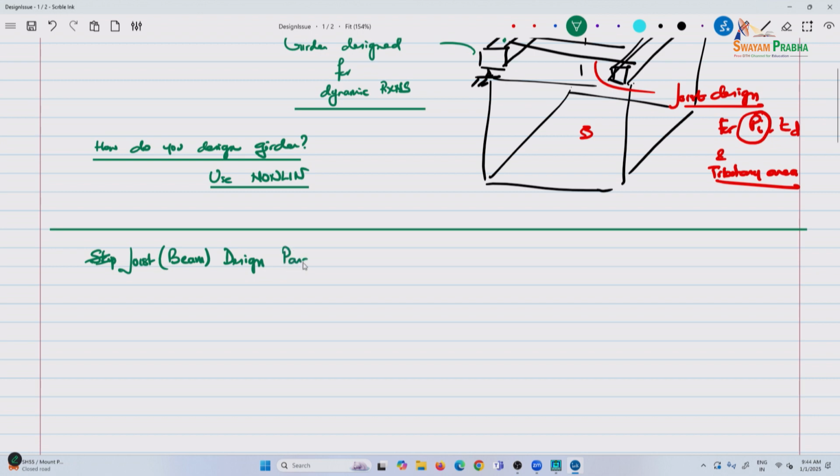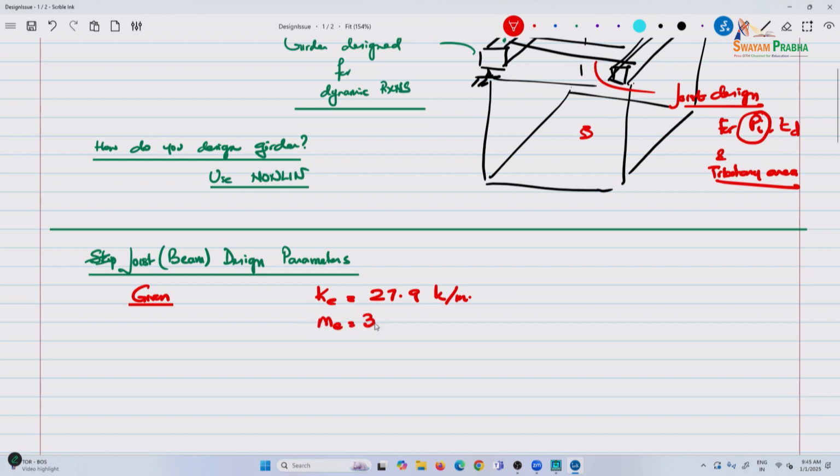The analysis parameters that we came up with were the following. We had the elastic equivalent stiffness was 27.9. So, these are all, let us say you calculate first, kips per inch, and the equivalent mass was 34.4 pound, or the weight is mass times your gravity.